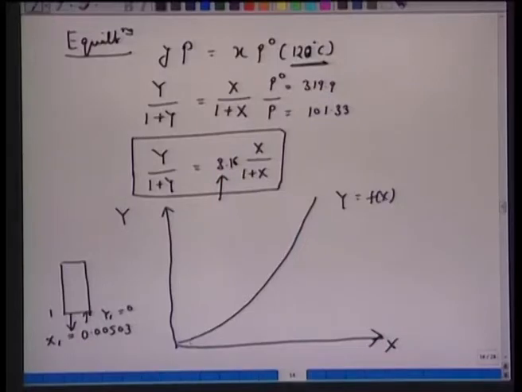So we can mark this point here, where we have x1 equal to 0.00503. All right. Now what is given to us is GS is 1.5 times GS min.